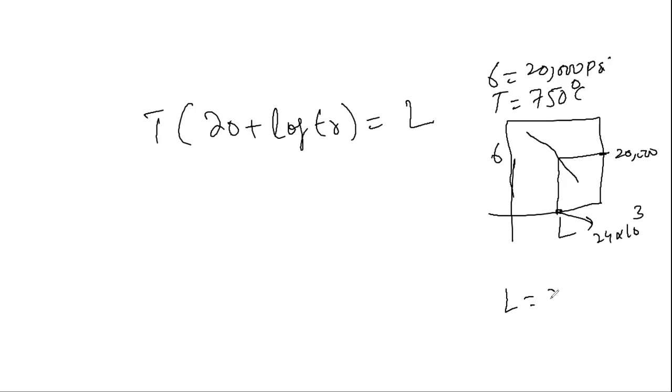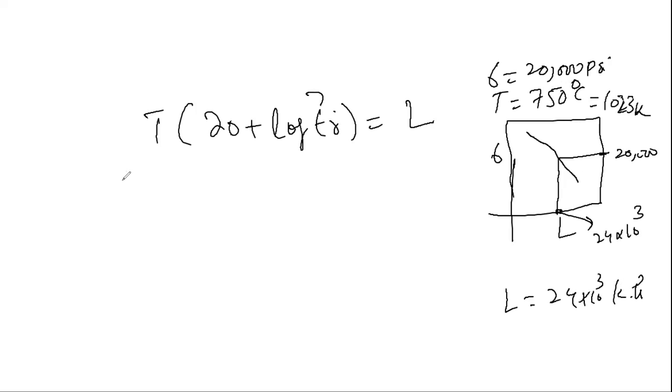So L is 24 into 10 raised to the power 3 Kelvin hours, and temperature is 750, so it comes out to be 1023 Kelvin, right? Okay. So now I need to find this TR.